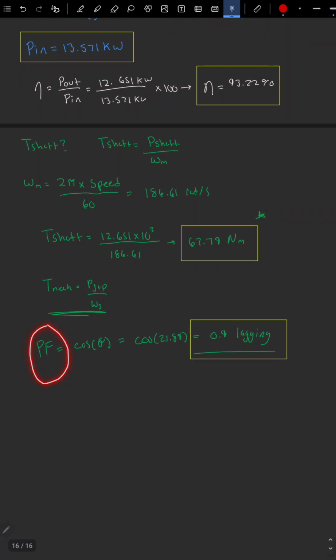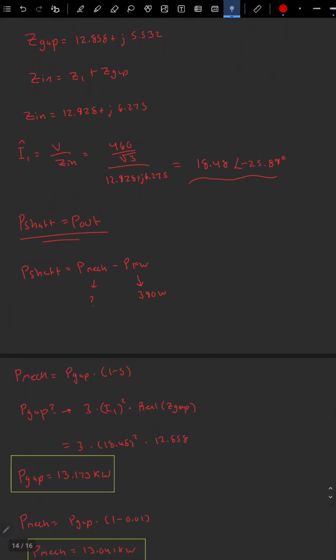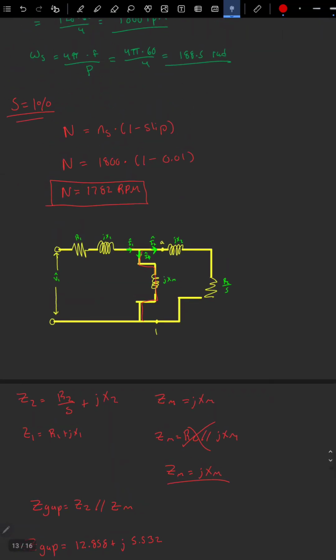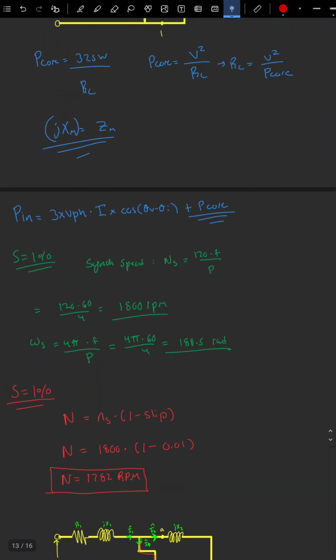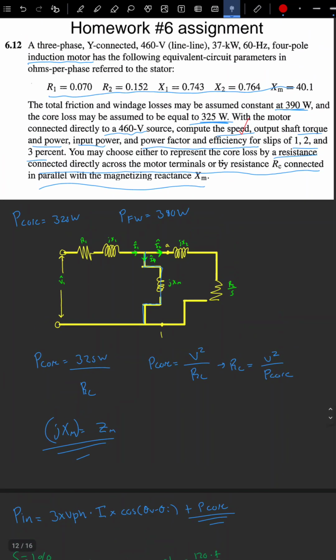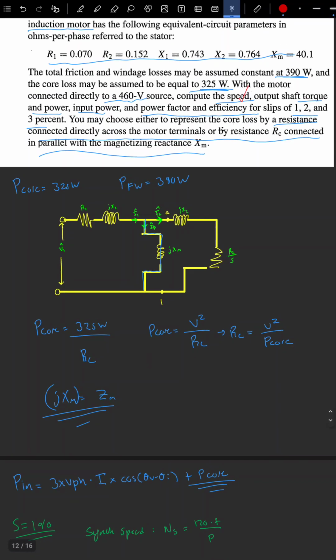I know I was kind of all over the place while solving this, but I don't want to say excuse, but these specific problems, there are different ways to do them. There's not just one way. Exhibit A, this whole question could either be done with finding RC with this equation or ignoring it.